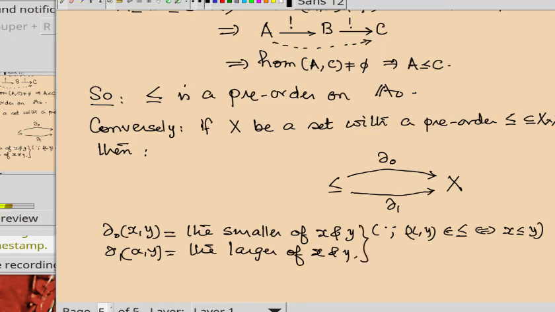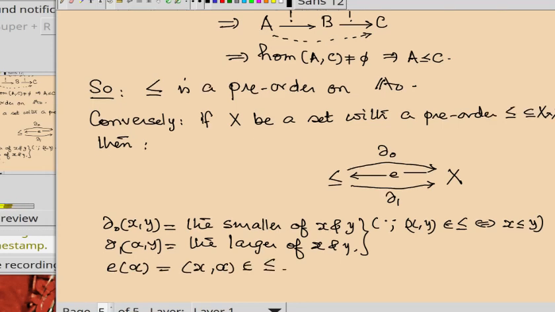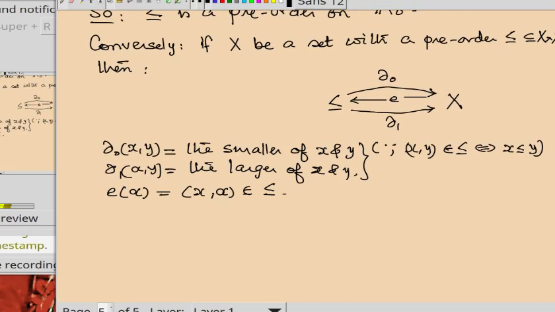Okay, and what is my E? So E of x is obviously xx, which is in this. Okay. So now let us look into Hom of xy, so I take an xy in X. What is Hom?